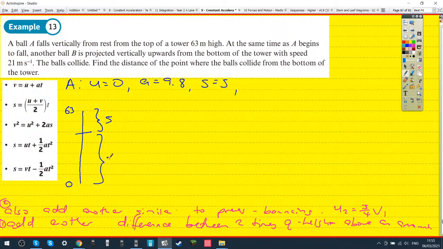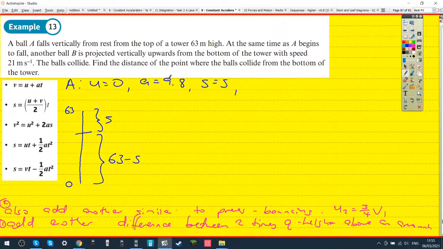So let's call it X. So X plus S is equal to 63. Make X the subject, what do you get? X equals 63 minus S. So we'll call this 63 minus S, and so they will add up to 63.